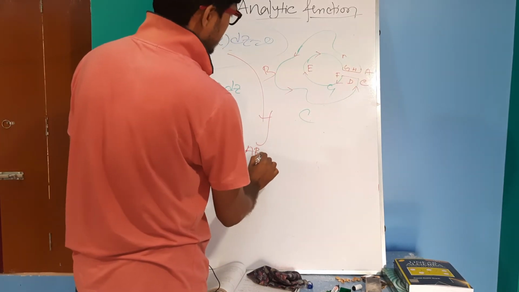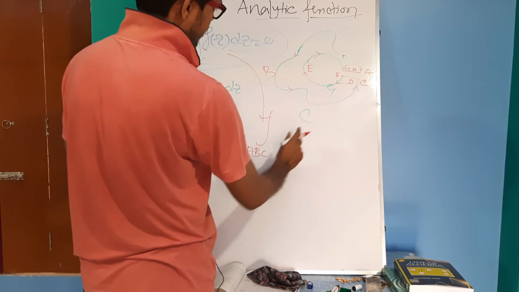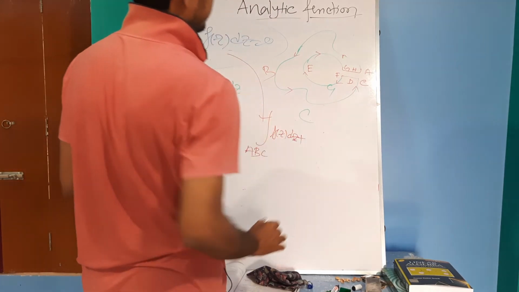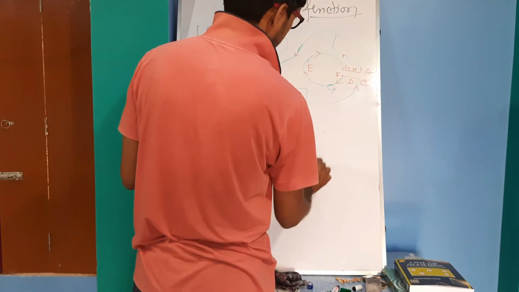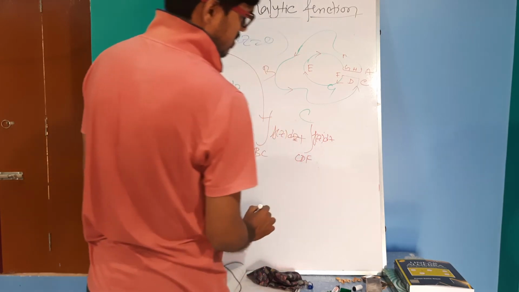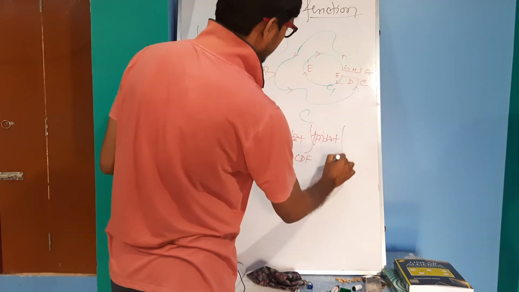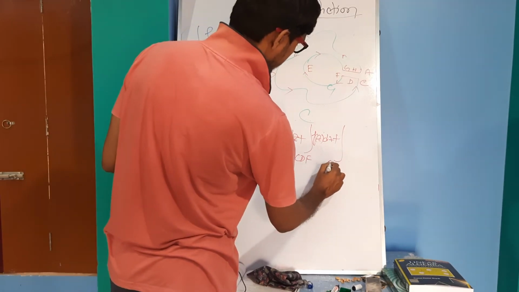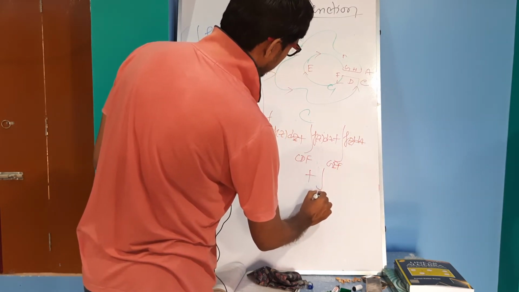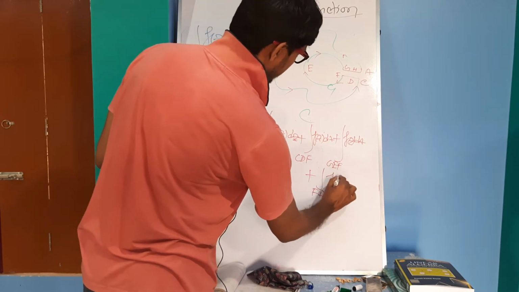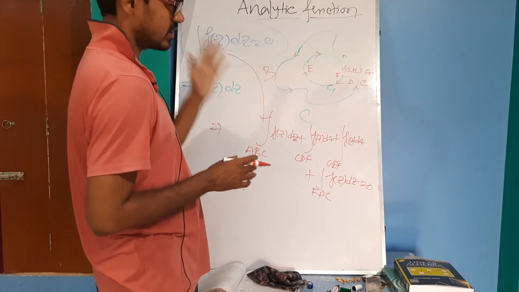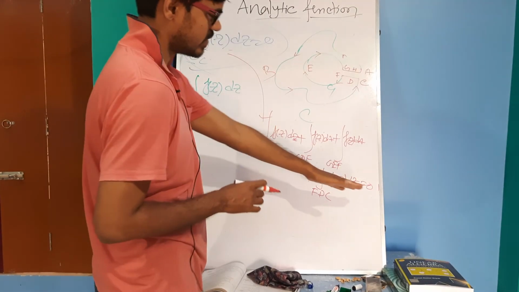So A, B, A and C. Integration over this, f of z dz, plus this part, that is CDF, f of z dz, and plus this small curve, that is GEF, f of z dz, plus integration over FDC f of z dz will be 0, as the function is analytic as mentioned, and on a closed curve, so the value will be 0.